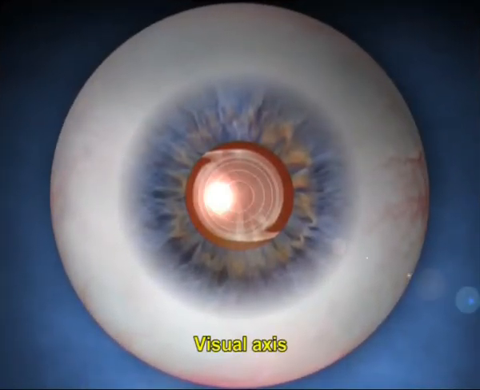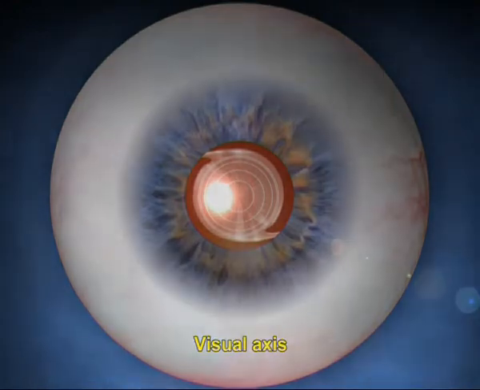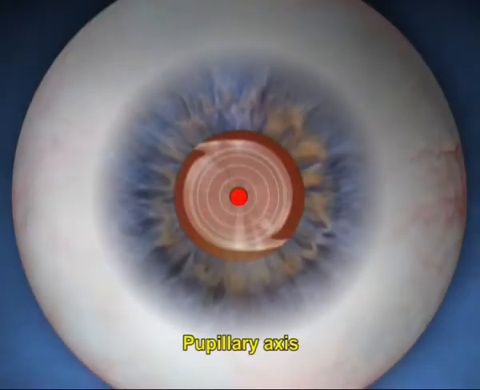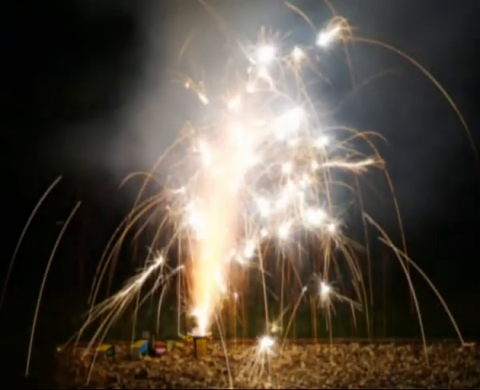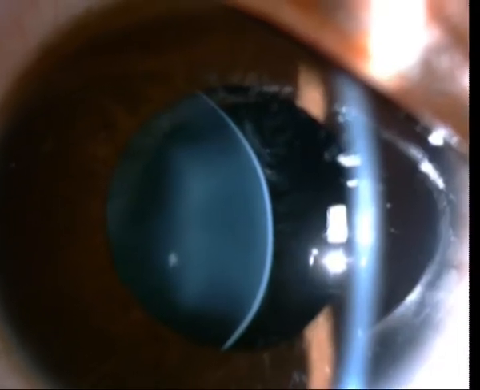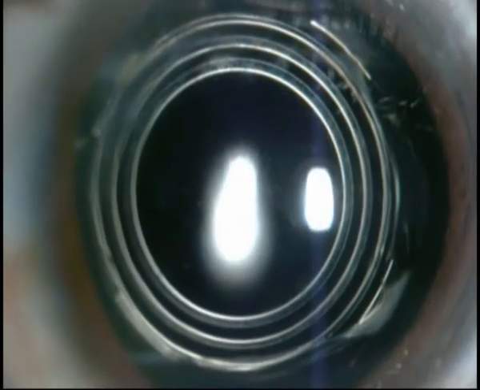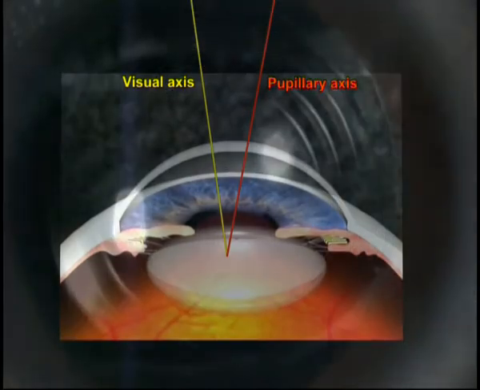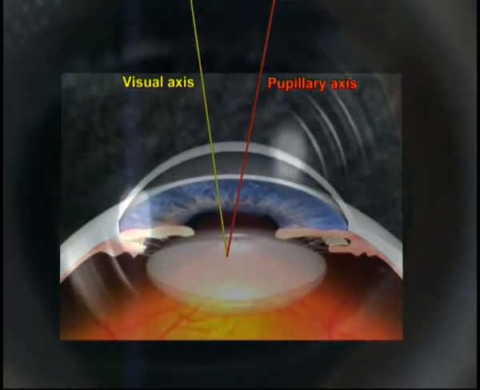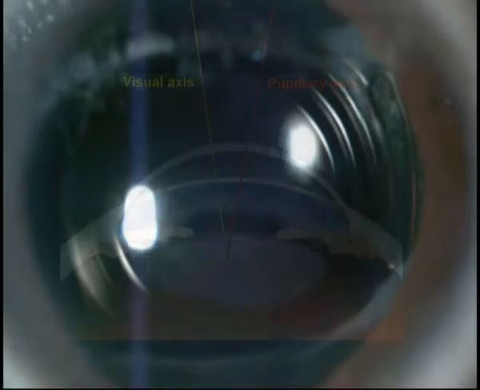Our study suggests that there may be an additional role of misalignment between the visual and pupillary axis in the occurrence of photic phenomenon after multifocal IOL implantation. In complicated situations, as well as, more importantly, in the routine multifocal IOL patients, it is important to take the angle kappa into consideration for IOL centration.